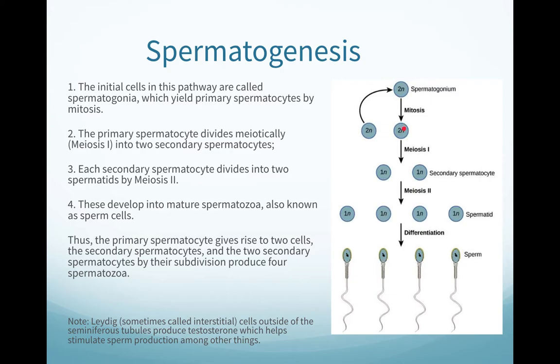Then one of the clones will go on to create sperm cells. We call this, and you should write this in your book, the primary spermatocyte. The primary spermatocyte and the spermatogonium are the same cell.